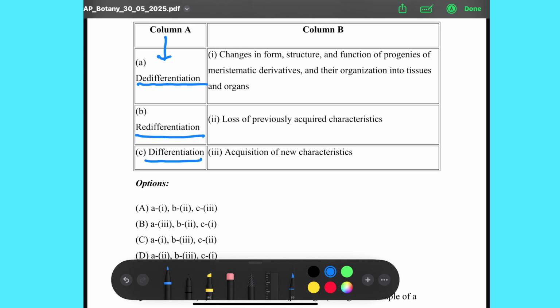Okay, see, when we discuss differentiation, in simple words I can say, when meristem changes to permanent cell, so it is differentiation, meaning when a normal meristematic cell matures into a permanent cell or tissue for the first time is called differentiation.